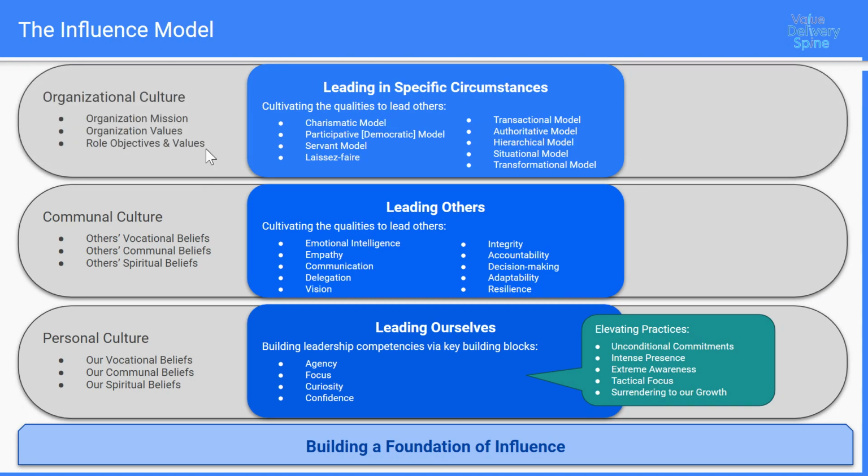And within the organization, we have our organization's missions and values, and our role objectives and values as well. So that is the 3-tiered model of developing our influence capability as leaders. Use it well. It has worked well for me in the course of my career.